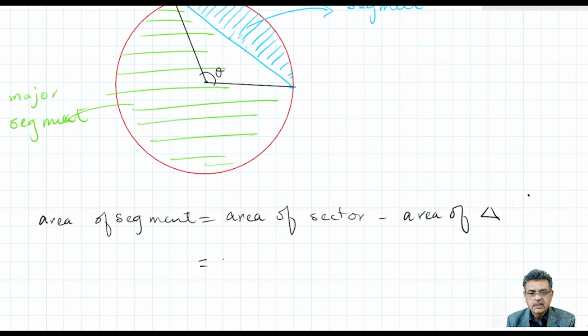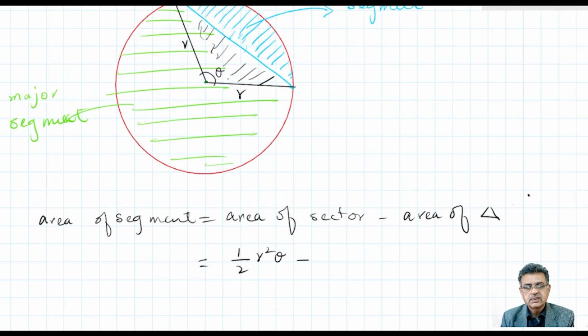Now, as we have derived the formula for area of sector, half r square theta minus area of this triangle. You know, this is radius, this is another radius. So two sides and included angle.